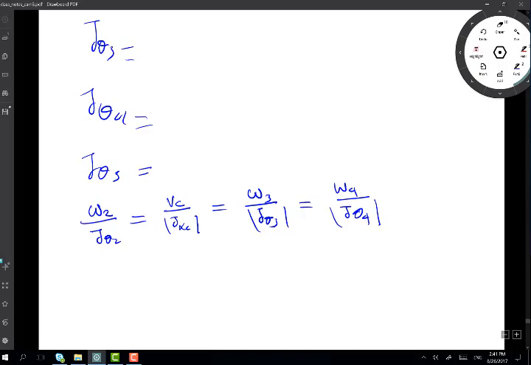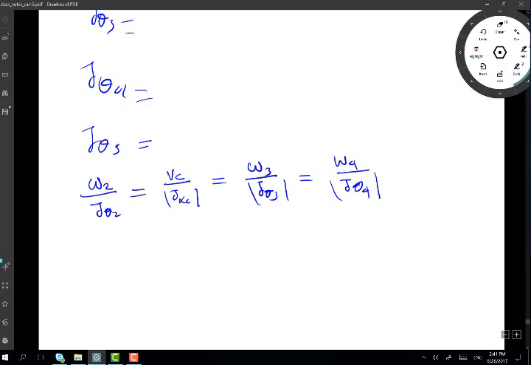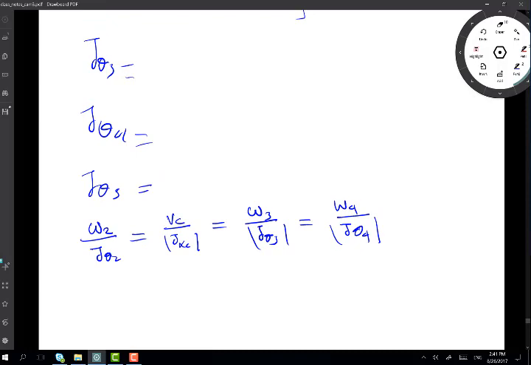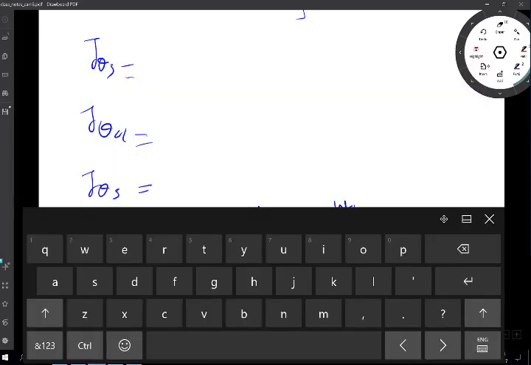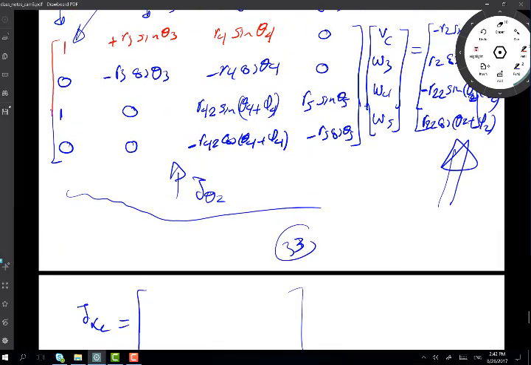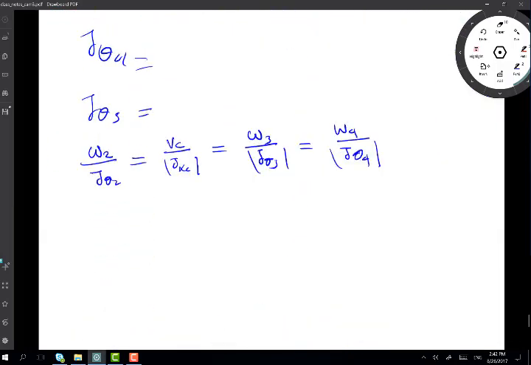This way I get my expressions. But as I said, I would do this on the computer. I would program this and input the expressions in MATLAB or whatever: you input a matrix, call it J theta 2, J XC or whatever, and then input the expressions for the different entries in the matrix.